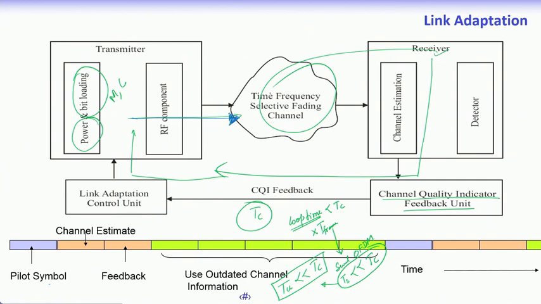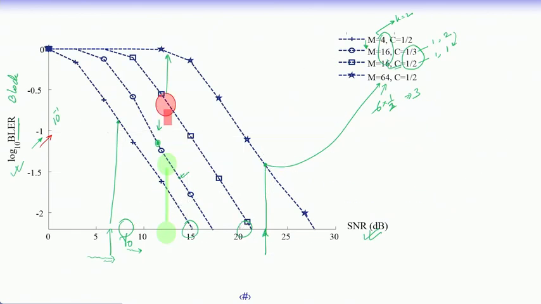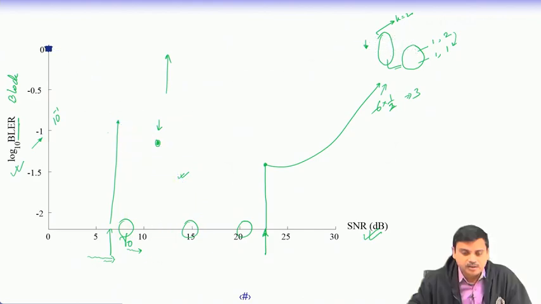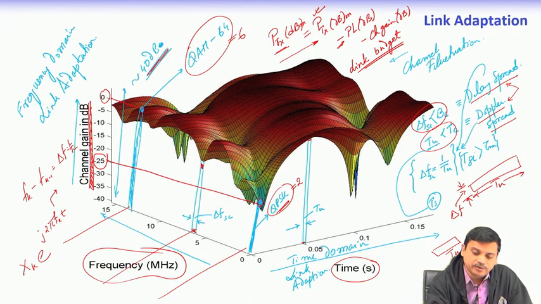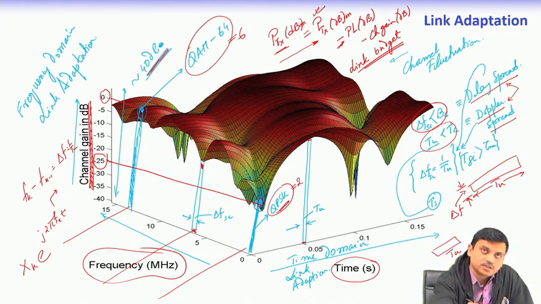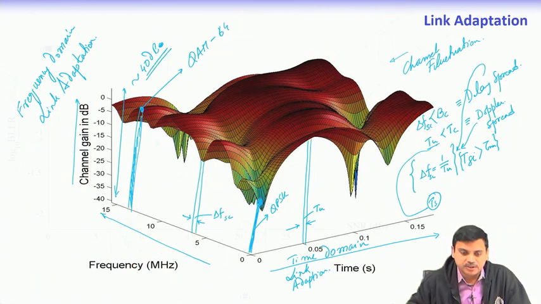The fluctuations of the channel are measured in the channel estimation module. So, when we discuss the channel fluctuations, it is assumed that during the channel estimation process, the signal strength gets measured.